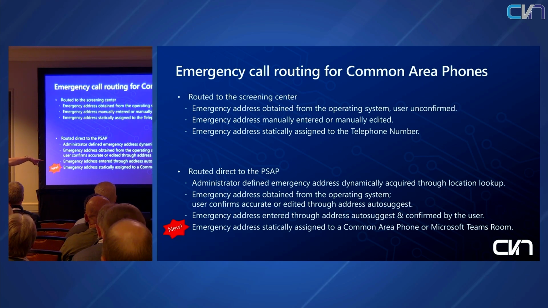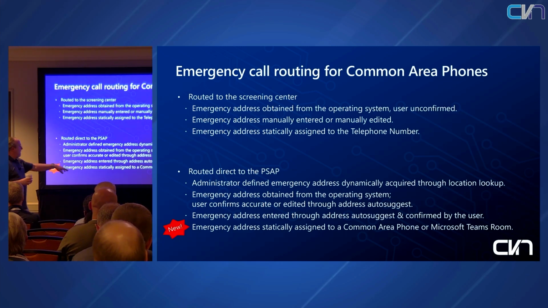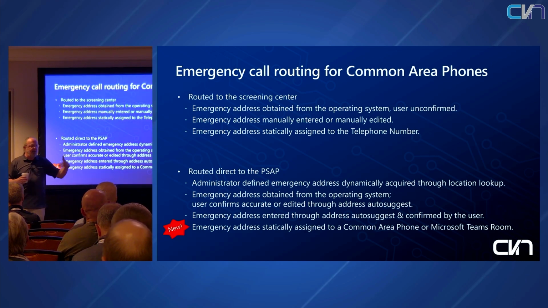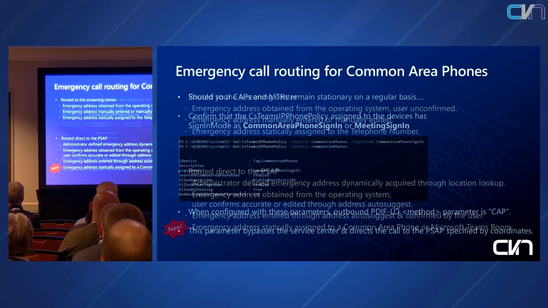You're not picking up and moving around common area devices. You're not picking up and moving around Teams rooms. So even if you're doing a static assignment of an address to one of these devices, we will directly send that call up to the PSAP.